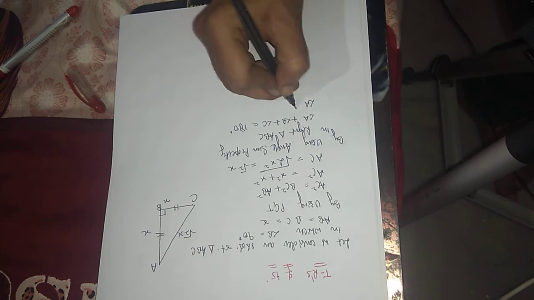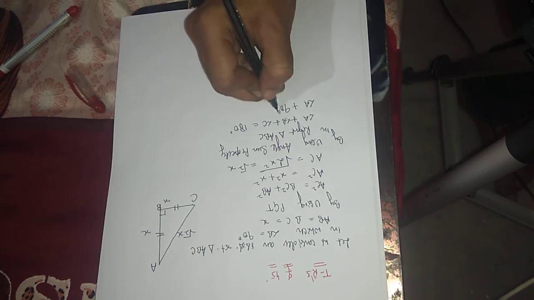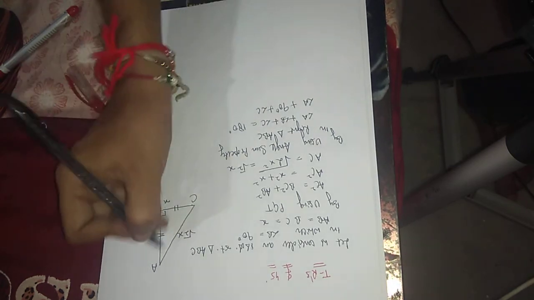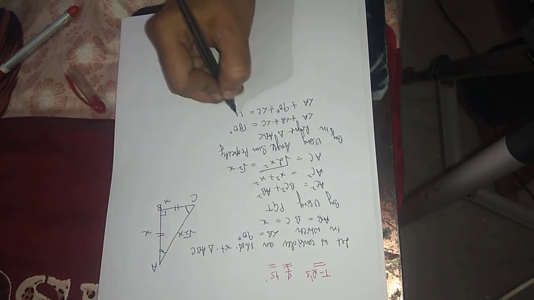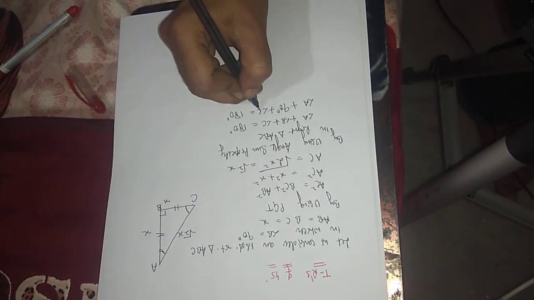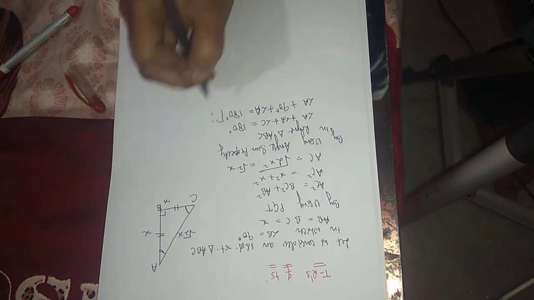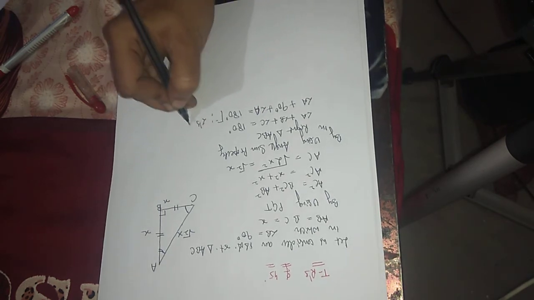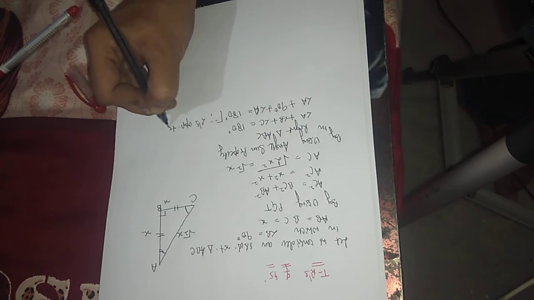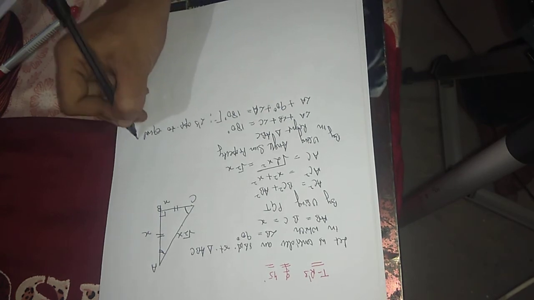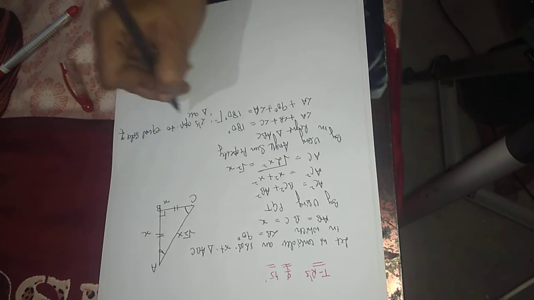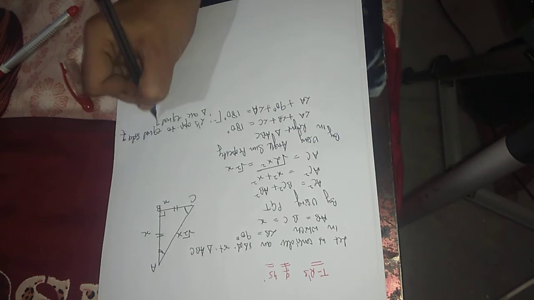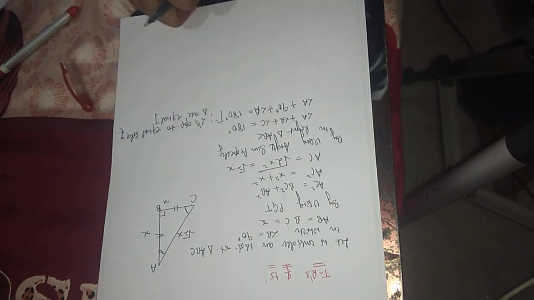Now angle A plus the value of angle B, 90, plus we have written angle A in place of angle C. Why? Because angles opposite to equal sides of a triangle are equal.